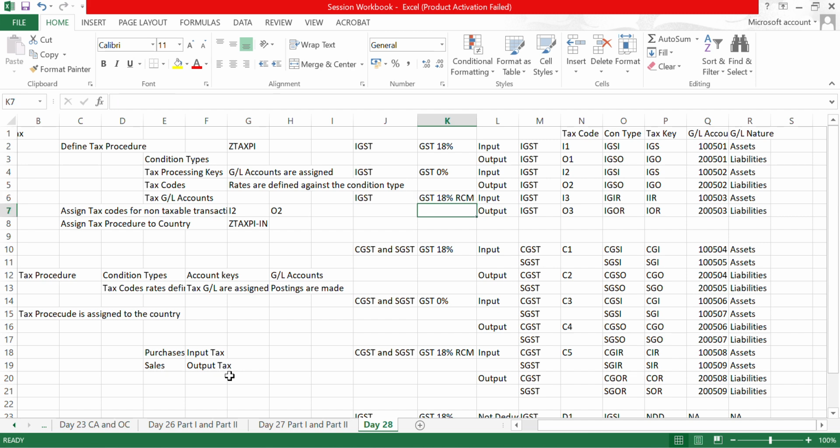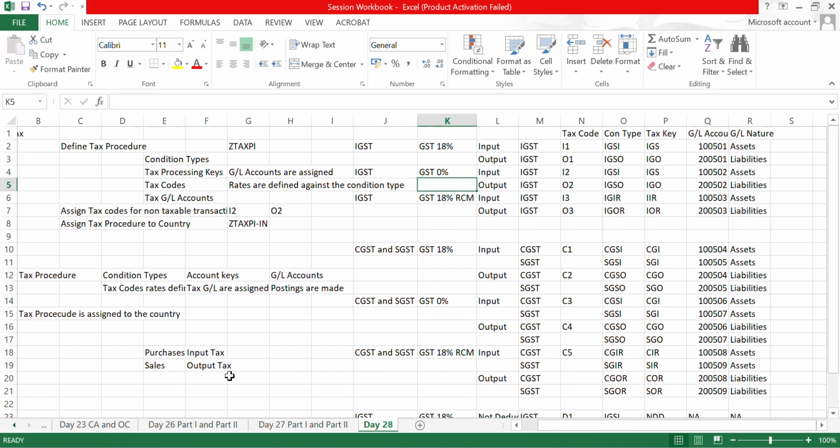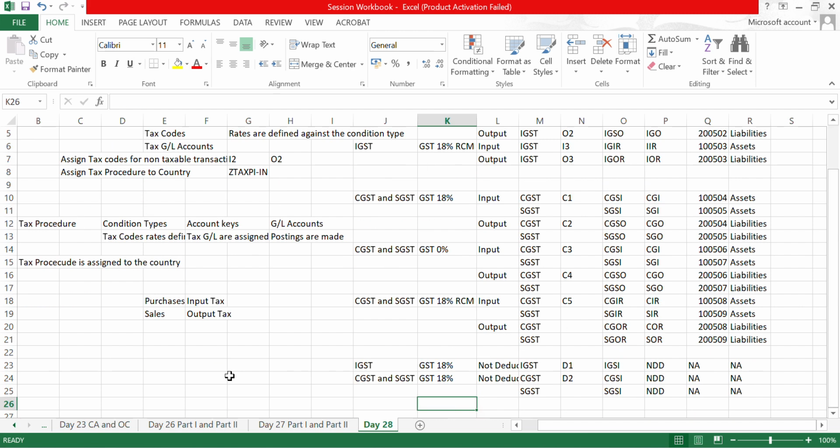These are the three categories of tax that we will be creating, and we will be creating for IGST, for CGST, and SGST as well. Those would be input, output, RCM. RCM means reverse charge mechanism, and non-deductible means non-creditable tax.